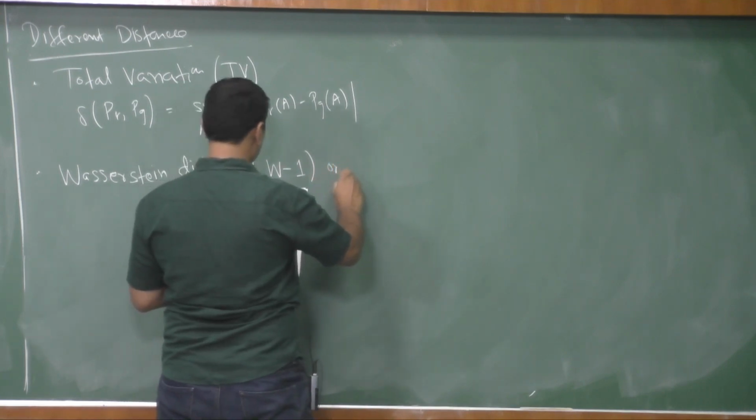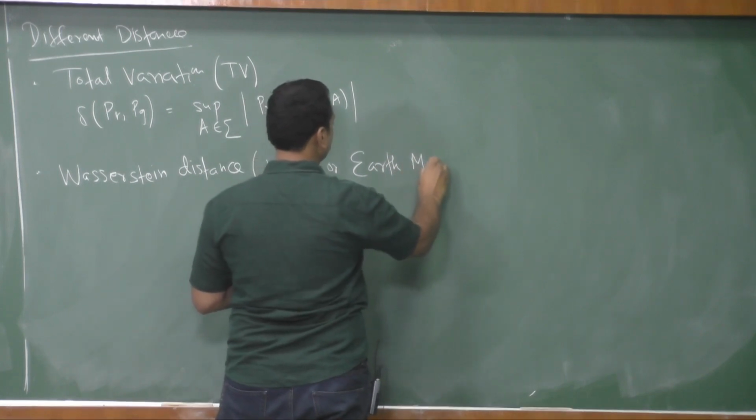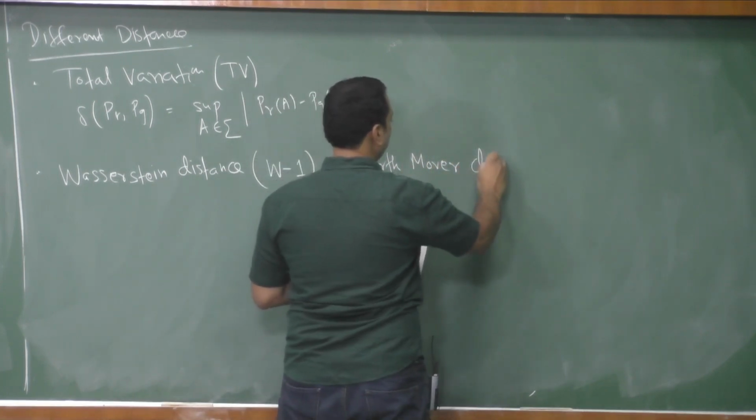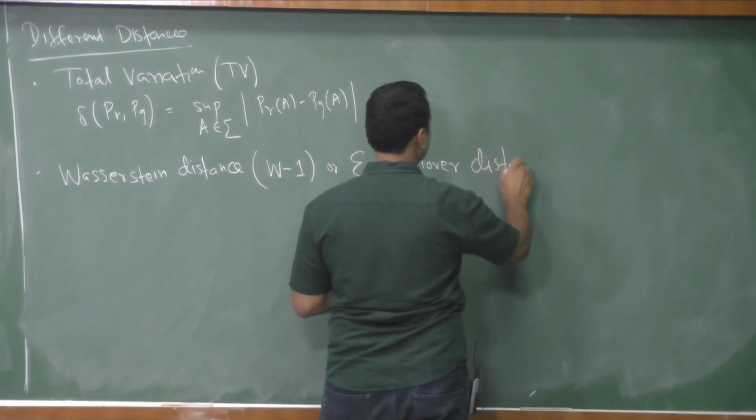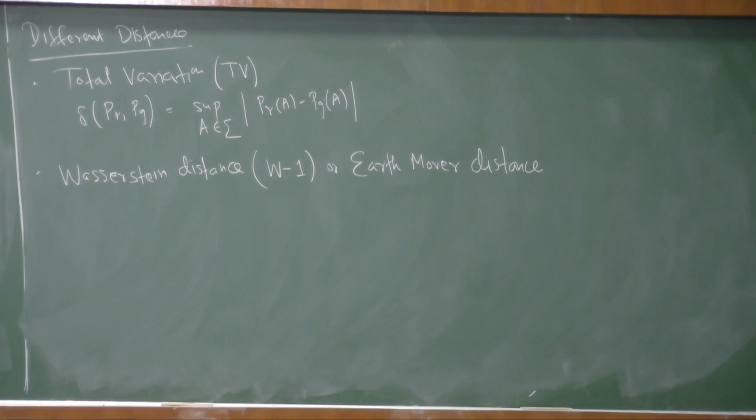And this is also very popularly called the earth mover distance. There is a geometric interpretation of this. I will do this in the next class. Today I will prove an important result called Kantorovich duality, and today what I will do is directly tell you the main idea, and all other proofs will be postponed to the next. So today I will just do exactly what I need to derive the WGAN algorithm. Okay, so today will be like that.